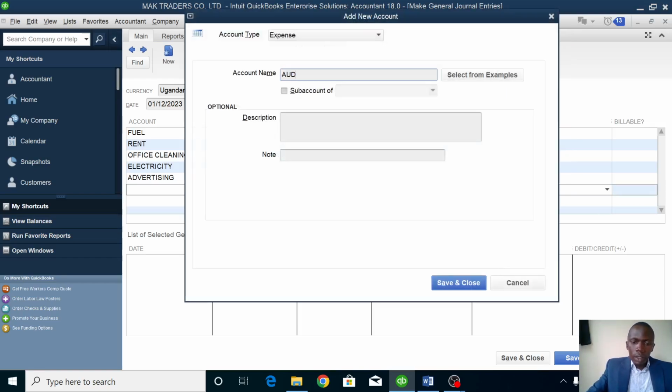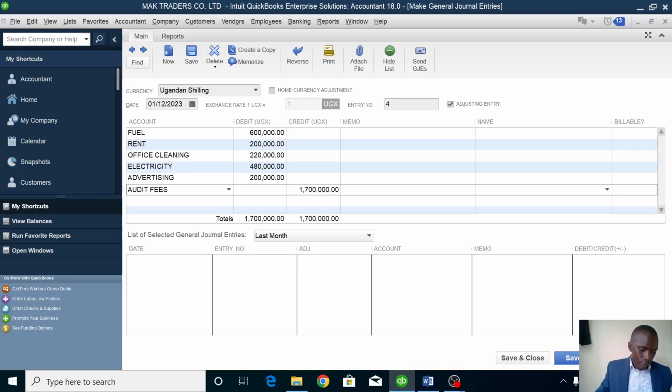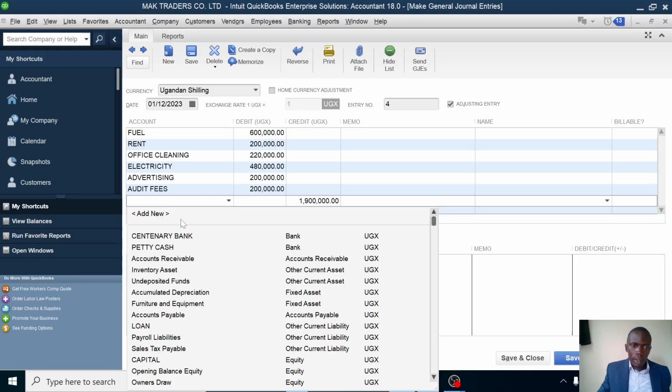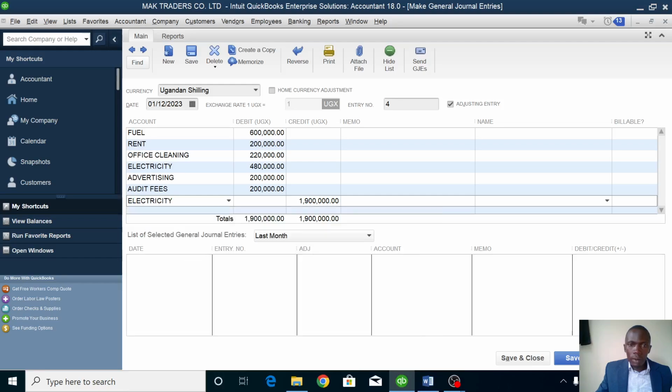Say audit fees. We save and close. The amount for audit fees was 200,000. We are going to the next item, which was electricity. We had already created electricity, so we input our amount. Our amount for electricity was 500,000.